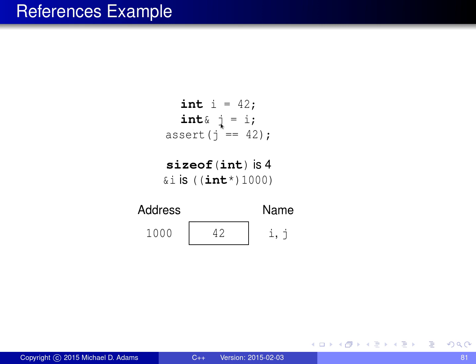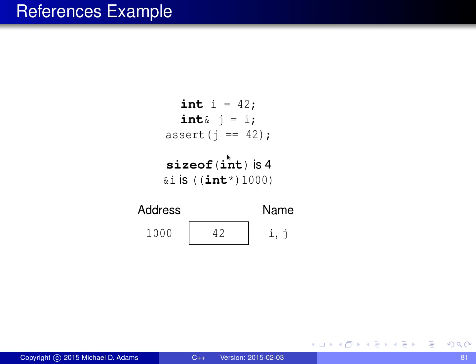So j is going to be a nickname or alias for another int variable. In this case, it's an alias for the variable i, because when we initialize this reference j to i, or in more formal terminology, we're binding the reference j to the object i. And then on the last line, we're just checking to make sure j is equal to 42.